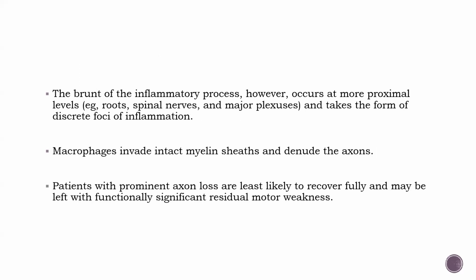The brunt of the inflammatory process, however, occurs at more proximal levels and takes the form of discrete foci of inflammation. Macrophages invade the intact myelin sheath and denude the axon. Patients with prominent axonal loss are least likely to recover fully and may live with functionally significant residual motor weakness.